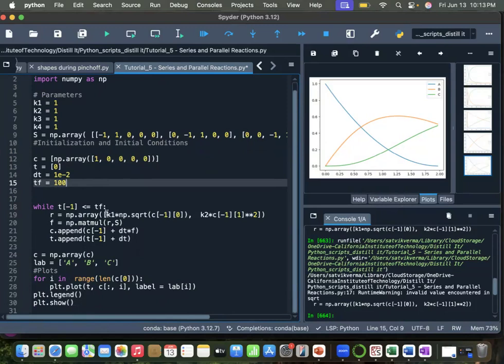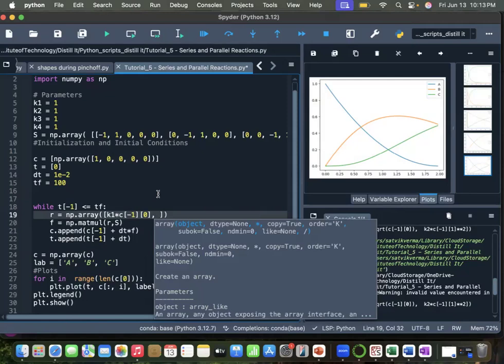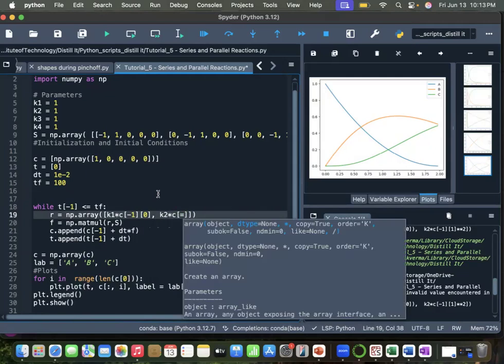And after that, we'll change the rate array over here. So since there are 4 reactions, we'll have 4 rates. So the first one is going to be K1 into Ca, which is C[-1, 0]. The second one is going to be K2 times Cb, which is C[-1, 1].